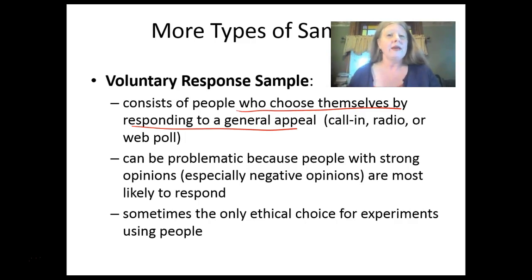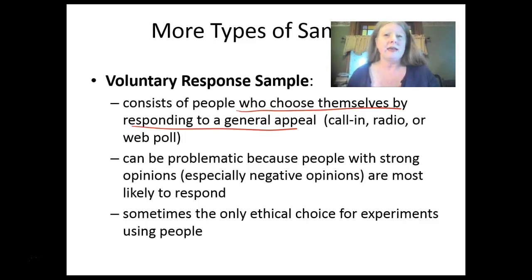Sometimes, even though there are problems with this technique or this type of sampling method, sometimes it's the only ethical choice for experiments using people. So when I was a student, I was a psychology major, I had to conduct experiments for some of my classes. I had to put up a flyer on a bulletin board, and people could walk by and decide if they were going to participate in my study or not.